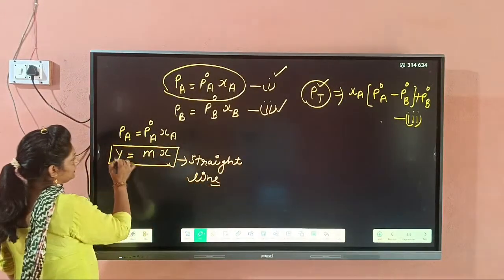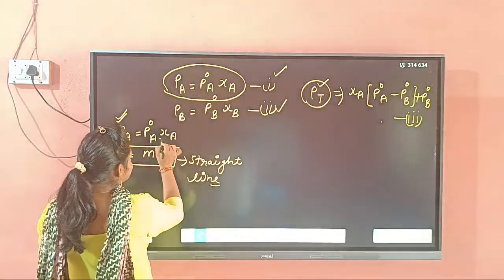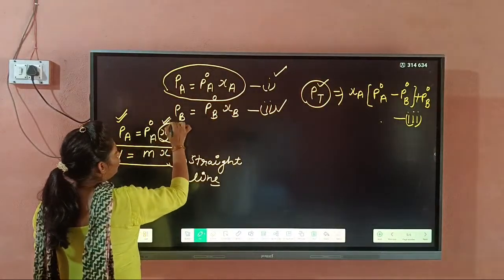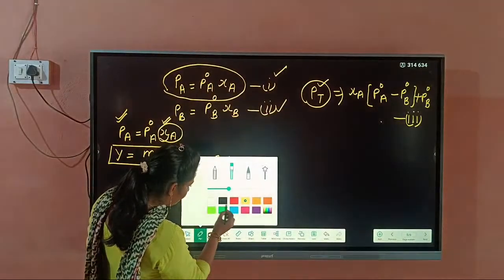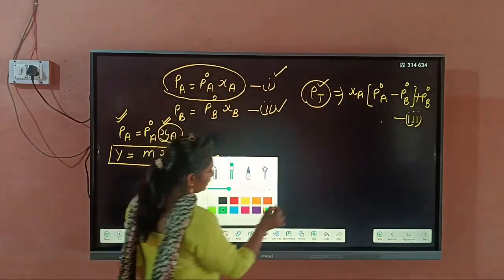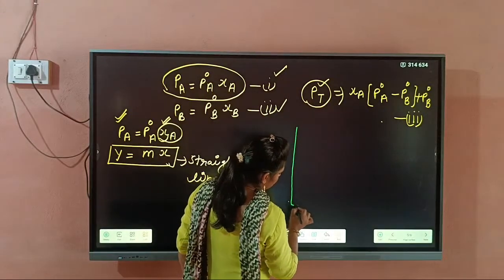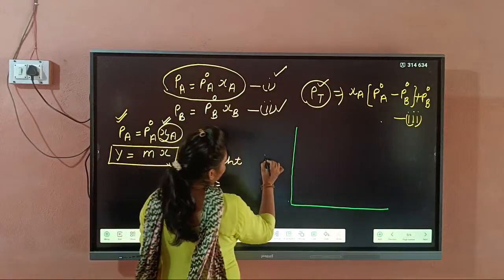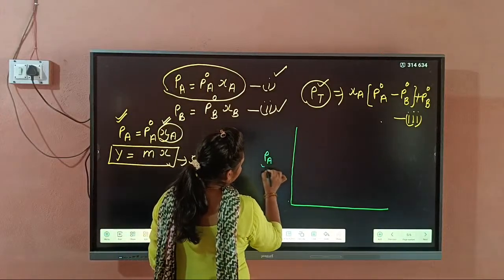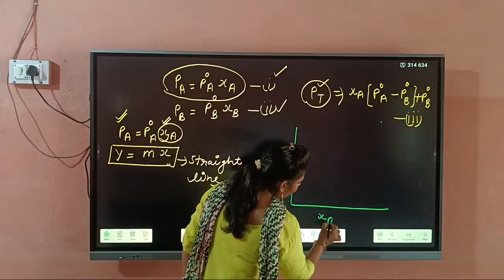So at y-axis we will take partial pressure and at x-axis we will take mole fraction, so we can draw the graph. At y-axis, we will take partial pressure of A, and at x-axis, we will take mole fraction.